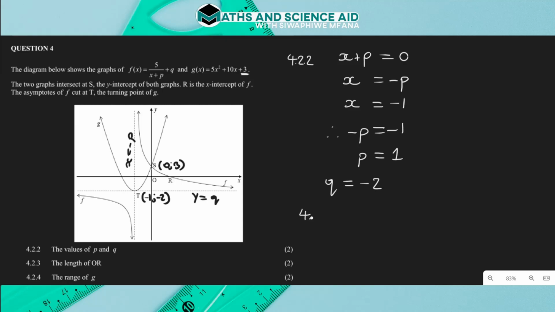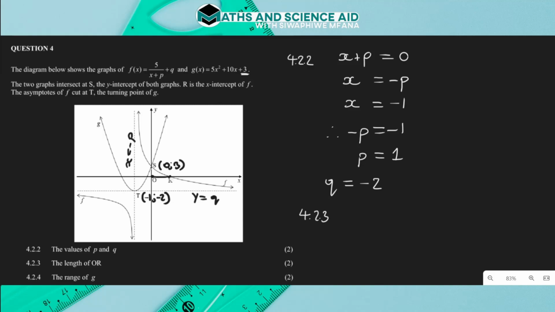Now, for 4.2.3, we need to determine the length of OR. So we are looking here, it's from the center to that point. So we know that the coordinates there are 0 and 0. The next thing is we need to know the coordinates of R in order for us to be able to work this out.